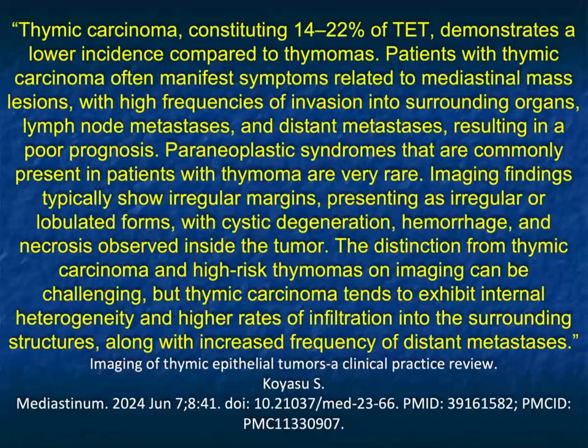The distinction between thymic carcinoma and high-risk thymomas can be challenging, but thymic carcinoma tends to exhibit internal heterogeneity and higher rates of infiltration into the surrounding structures, along with an increased frequency of distant metastasis in this article by Kayashu. So what you're basically saying is thymic carcinoma is a more aggressive tumor, but sometimes you just can't tell the two apart.